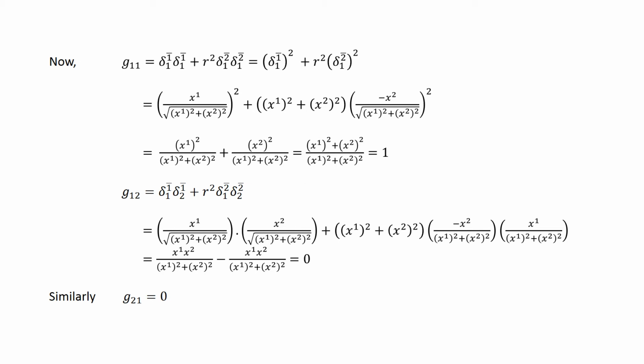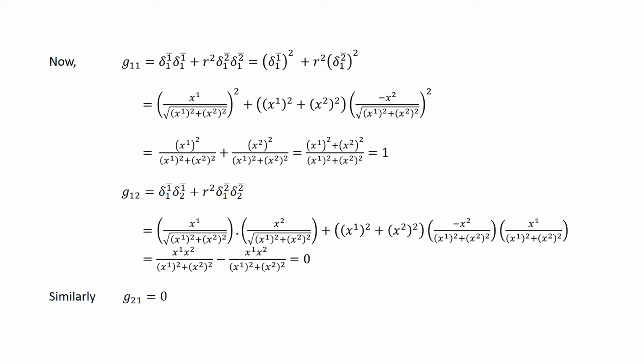So on the left side A and B are replaced with 1 1, both terms A and B vary 1 1, so our right side becomes delta 1 bar 1 delta 1 bar 1 plus r square delta 2 bar 1 delta 2 bar 1, which is equal to the first term becoming delta 1 bar 1 whole square plus r square as it is, and delta 2 bar 1 square.